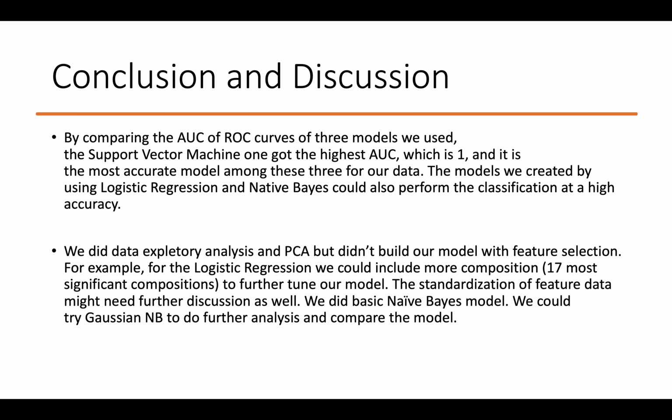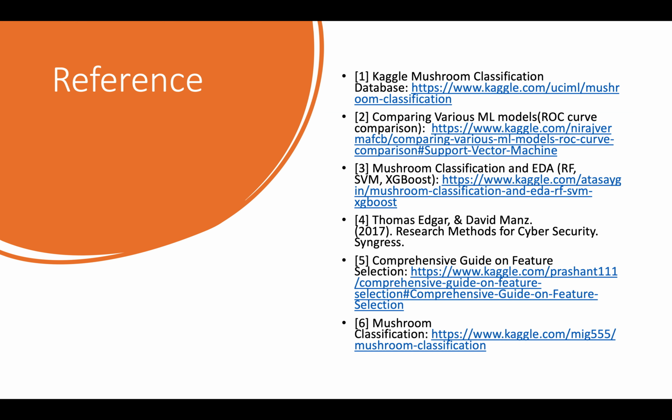And we standardized all features to just numbers, which could have some further discussion. As we did a basic naive Bayes model, we could also try other naive Bayes algorithms to further compare and choose a better model.